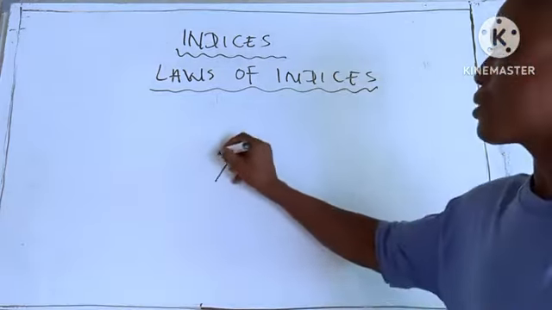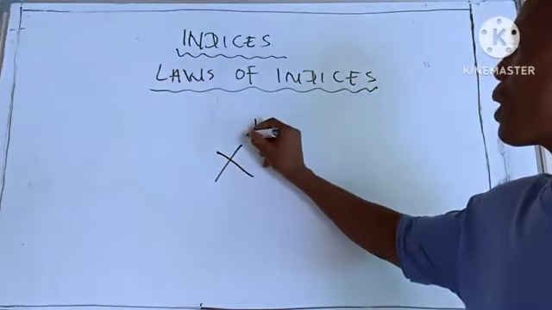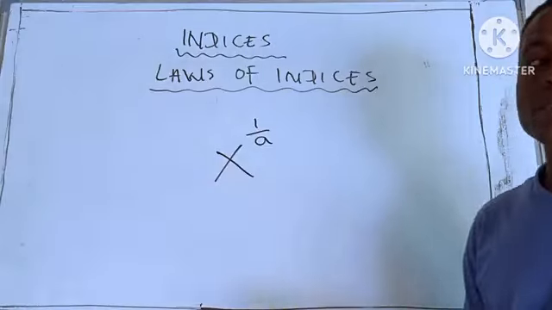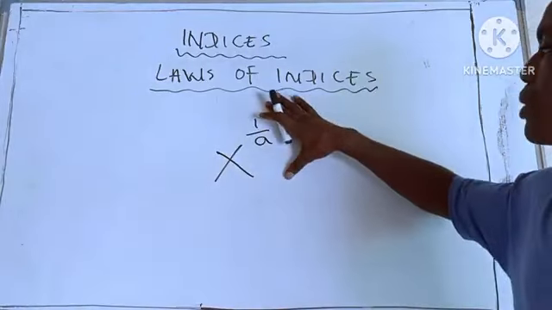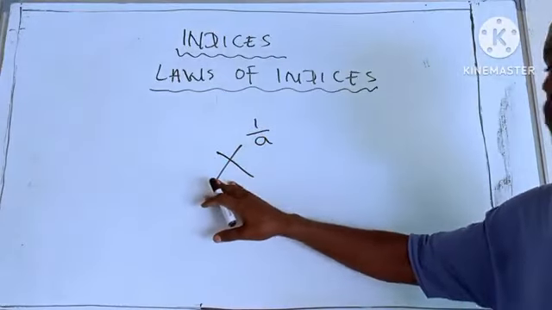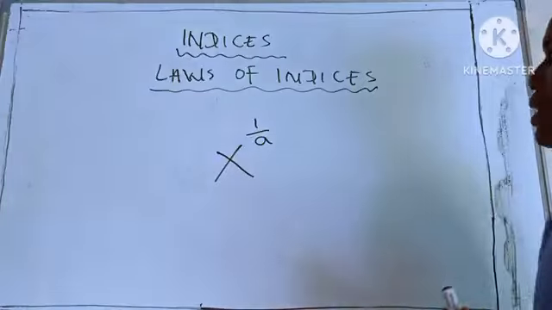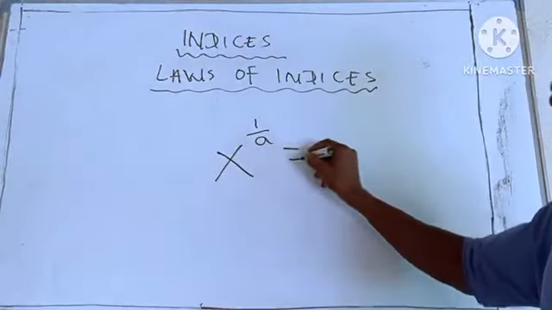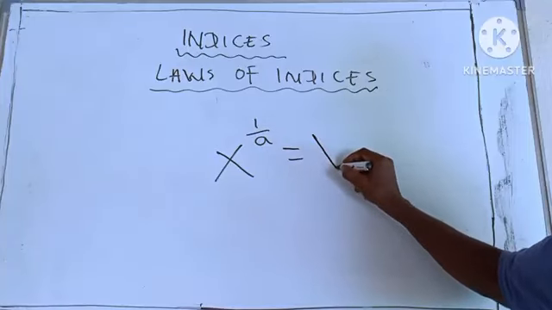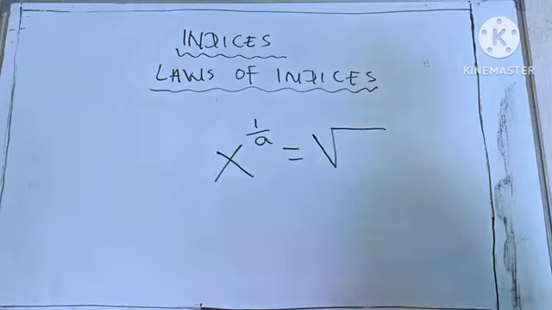Let's say we have x raised to power 1 all over a. Now, if you come across this, I think this is the seventh law, right? If you want to convert this, what you need to do is draw the square root, okay?